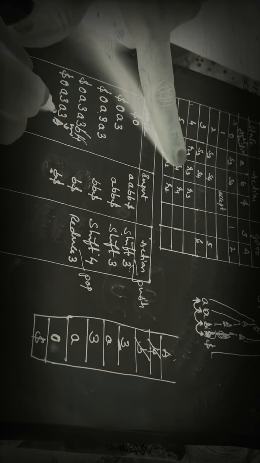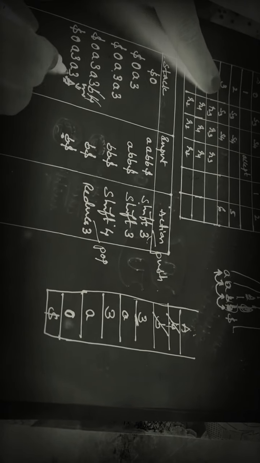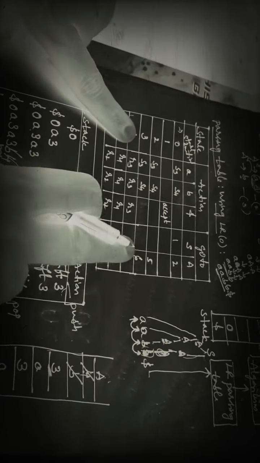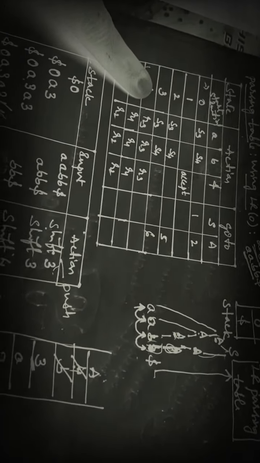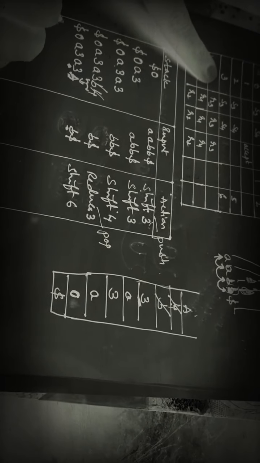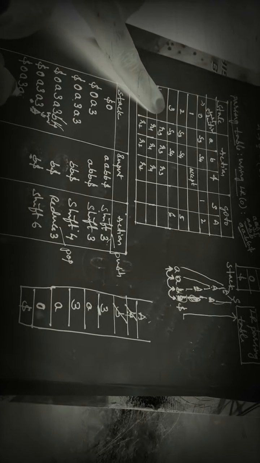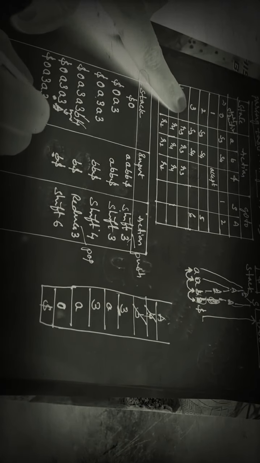So now 3 on A, we have to check it. Go to the state 3 on A. On A it is 6. That is shift 6. Shift 6. That is $0 A3 A3. Okay, so A6.